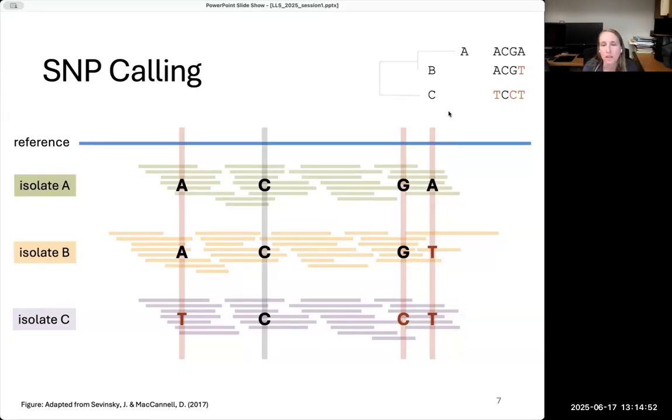So if we want to use that to compare these isolates to each other, we can extract those SNPs out and look at them lined up.